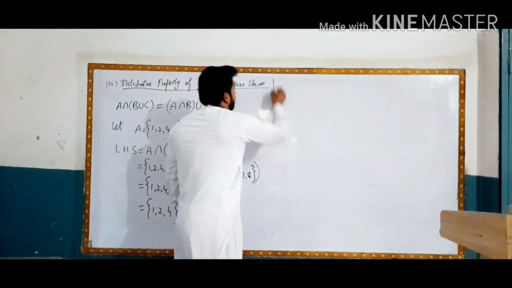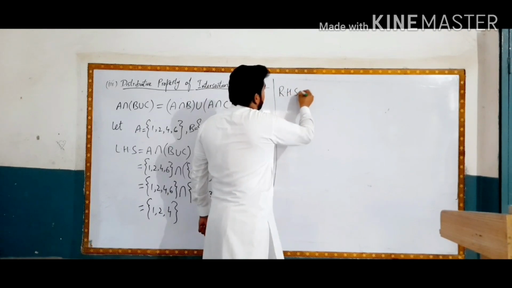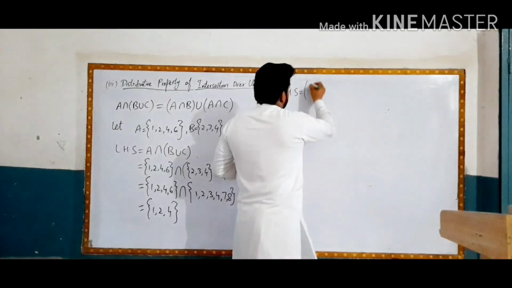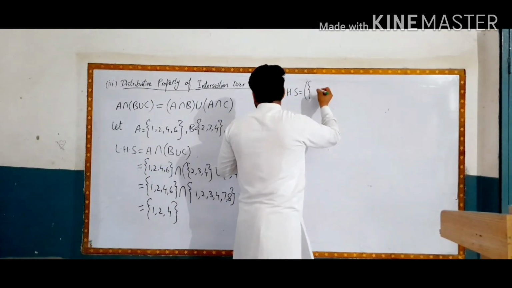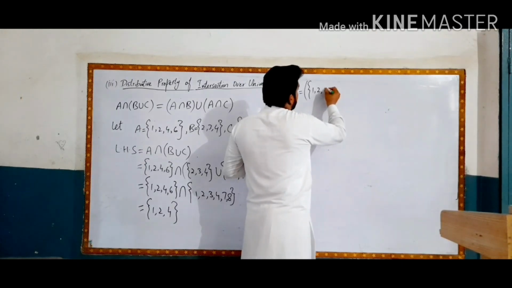Now take the right side of this property. Right hand side, A intersection B. So first of all, I have to write the A set elements 1, 2, 4, 6.